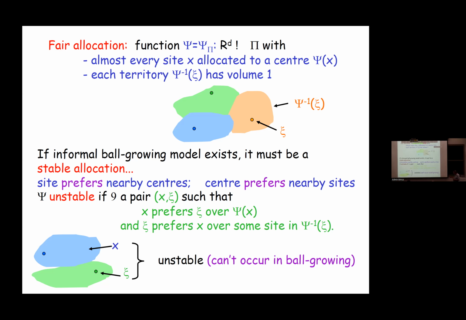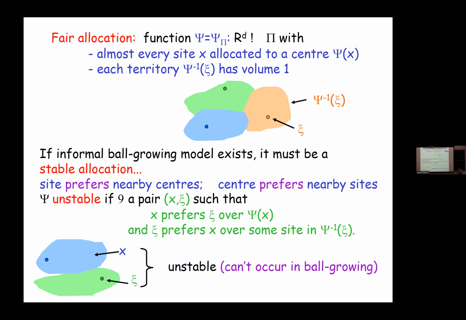For a point, it's easy: a point encounters an instability if the center it's allocated to is further than some center that it would like to match. For the center, it means that this point that would like to match to it is closer than some points that it is matched to. That would be an instability. And this ball growing procedure is in fact the unique one that gives a stable allocation. So this is stable, and it's the unique one.